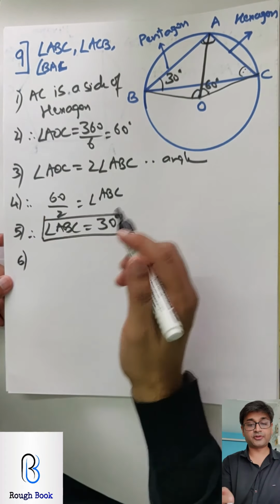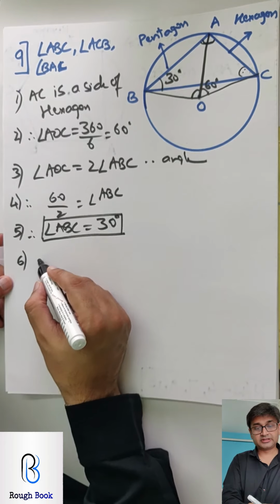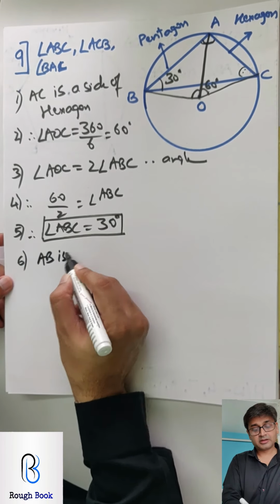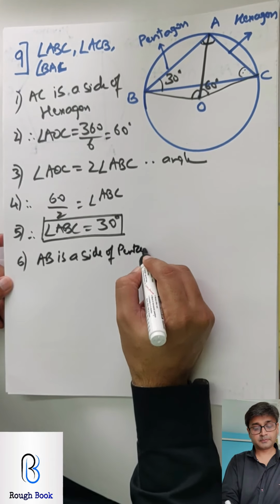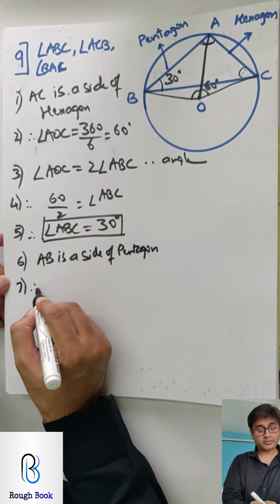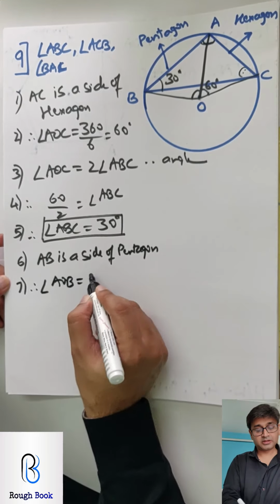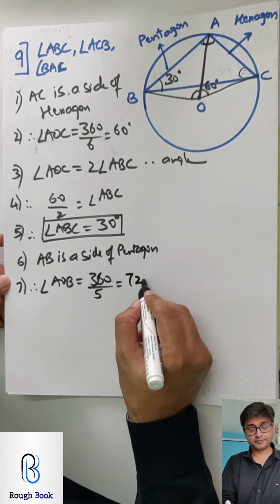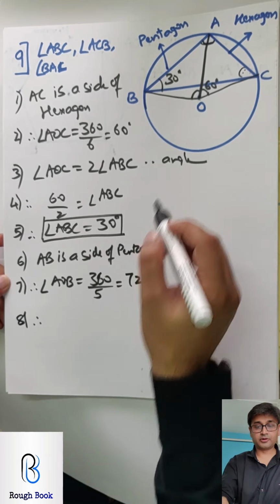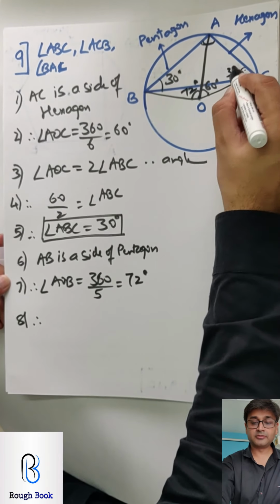Likewise, let's get this one. So same steps to get the second angle. So I will say AB is a side of pentagon, and therefore angle AOB is 360 by 5. So that should be 72. Yeah. And therefore if this is 72, this will be 36.